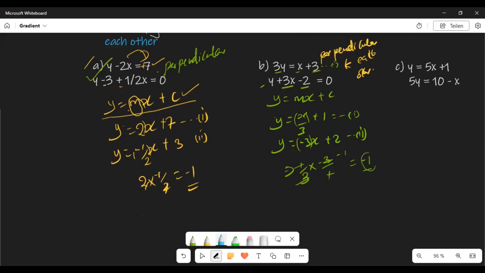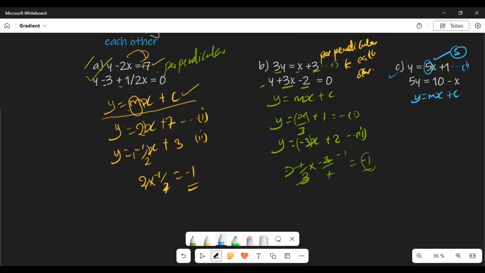So now let's do C, the last one. For C, we can immediately find the first line, so we don't have to work on the first equation. The first equation has the gradient, which is 5. The second equation, we want to make in the form of y equals mx plus c.